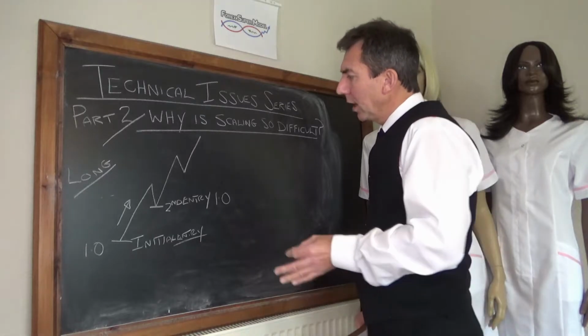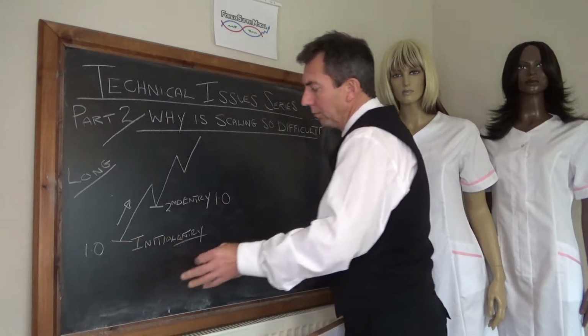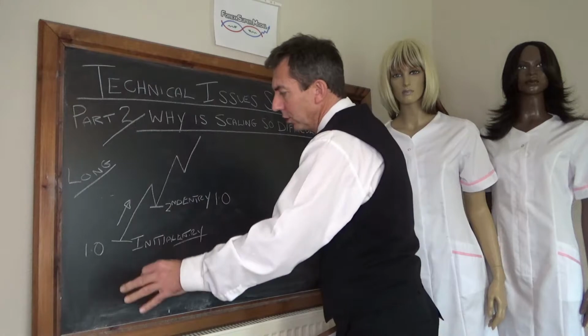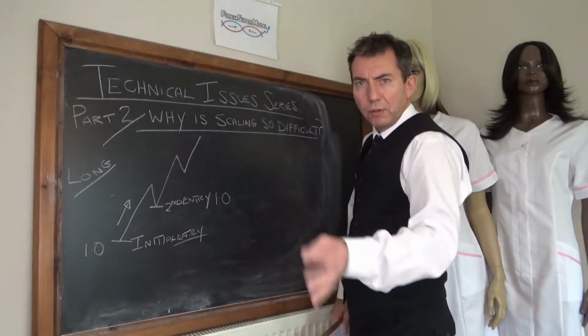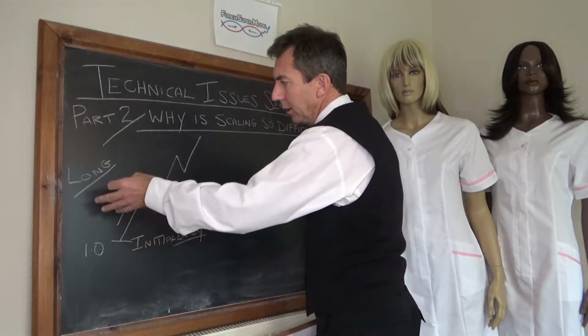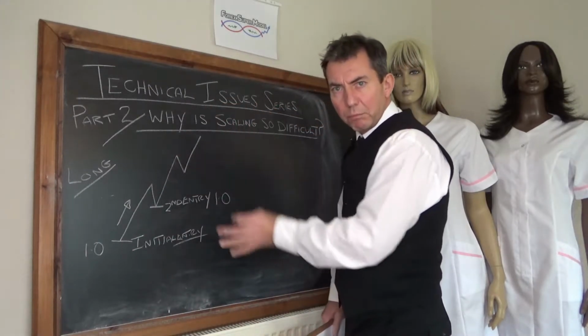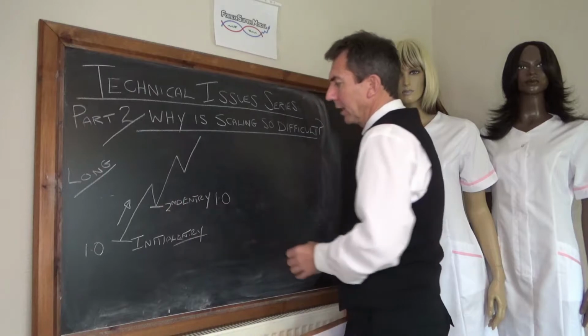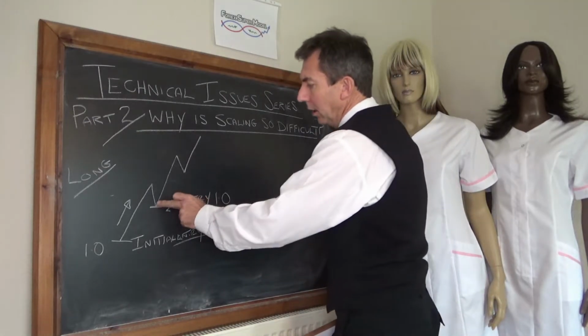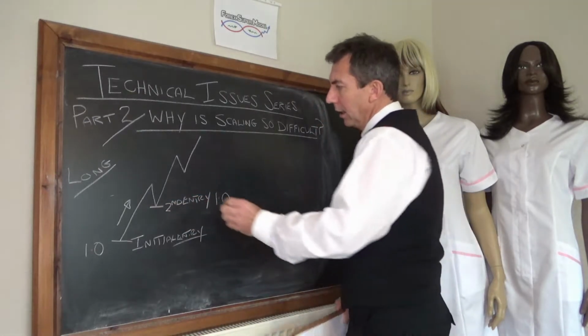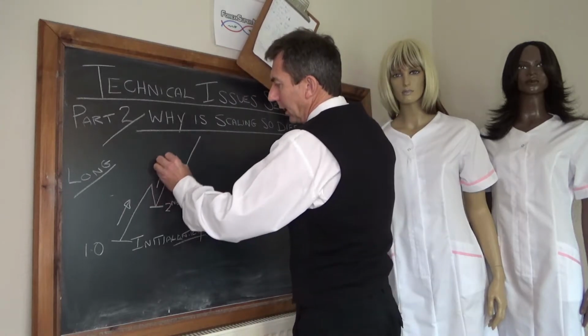So the ideal situation to scale for the default trader in a long position would be the market rising, then they wait for a pullback, they get the second entry in nicely at the pullback, and then the market starts rising again.